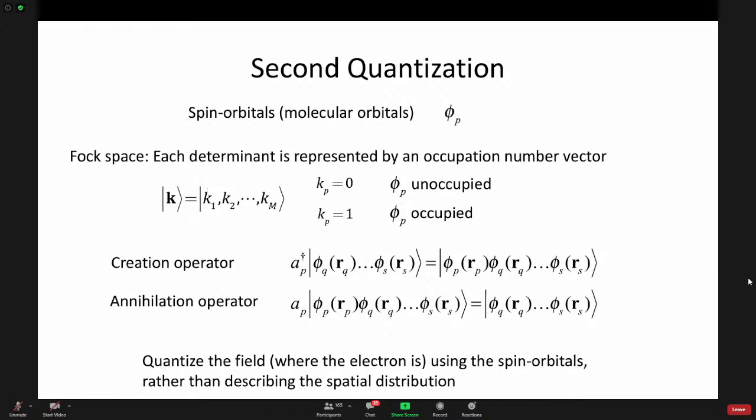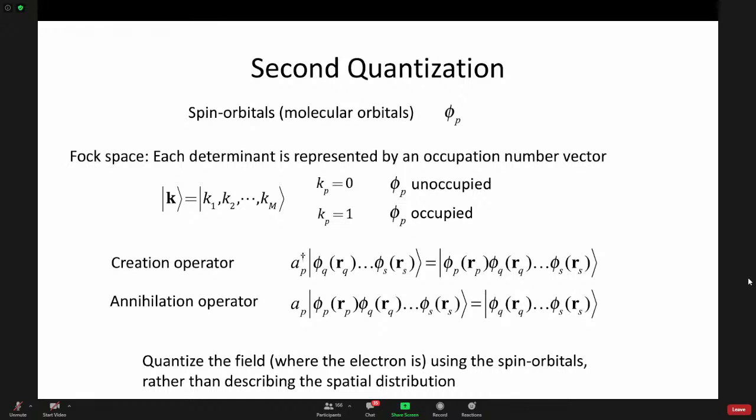For instance, this is a Slater determinant, and we describe each part with zeros and ones. It describes whether that orbital is occupied, which is one, or not, which is zero. So you should have as many ones as the number of electrons.